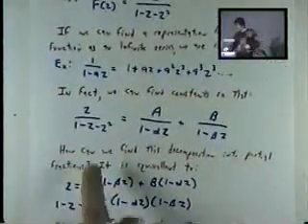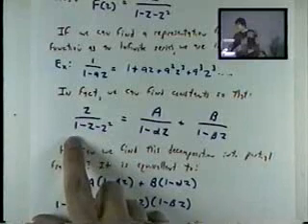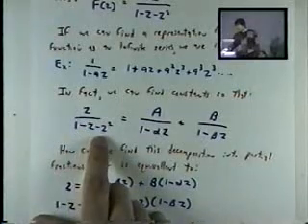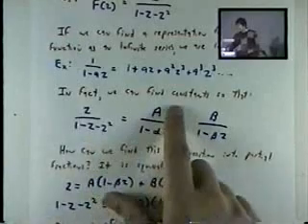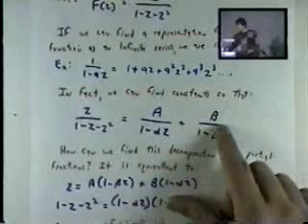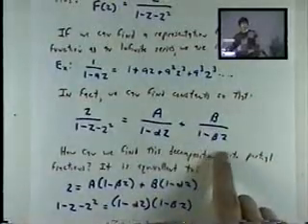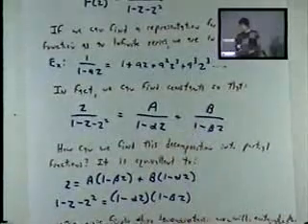What if I could write my sequence z over 1 minus z minus z squared as a over 1 minus alpha z plus b over 1 minus beta z, where these are constants and these are constants?